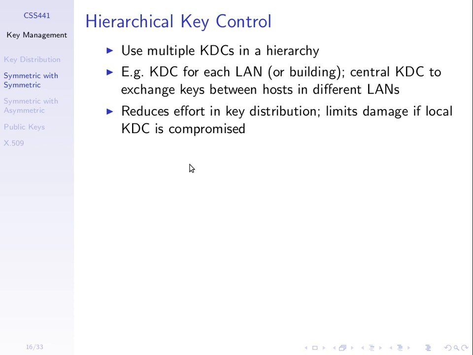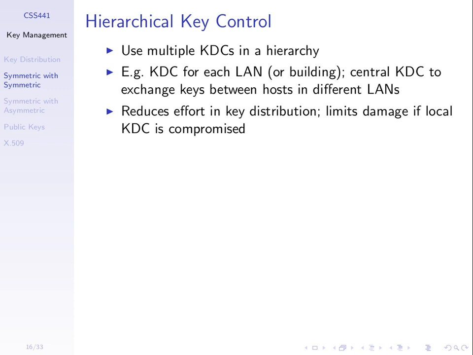To finish this part on how to exchange secrets using symmetric key encryption, we could extend the use of the KDC. Instead of having a single KDC, we could have multiple, say one for each department, and then have another hierarchy, a top layer KDC that is used between those sub-layer KDCs.